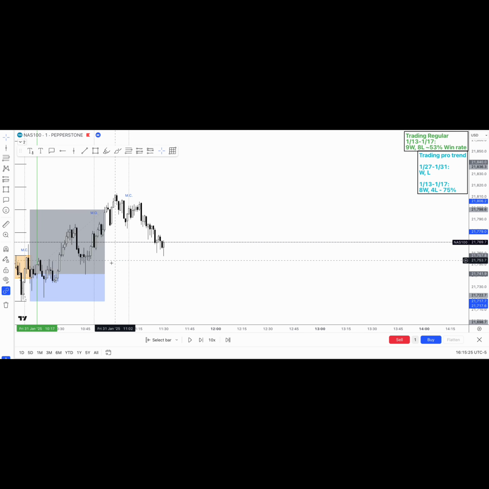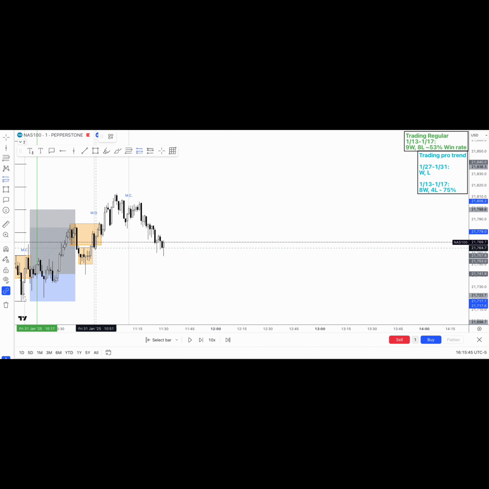I would say actually it's possible you could take this setup here. Either this one, or probably I would have taken this lower one and entered there. You can see what this one looks like. This entry would have been right at the macro open.